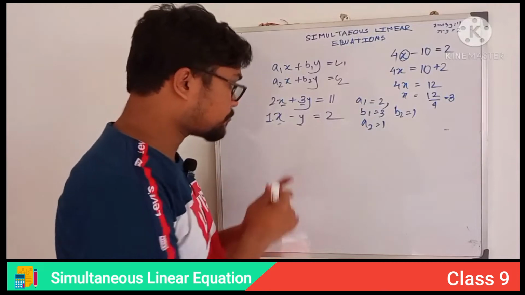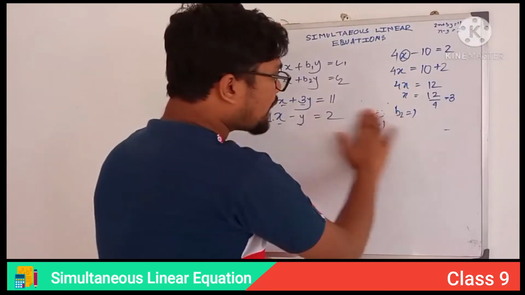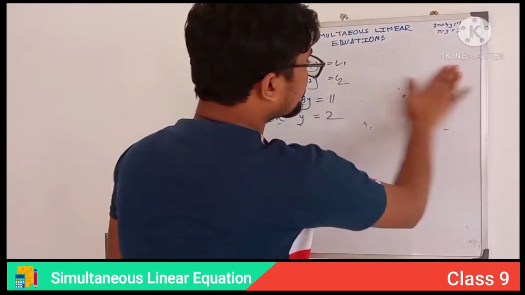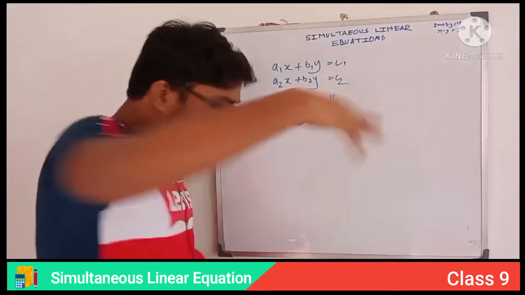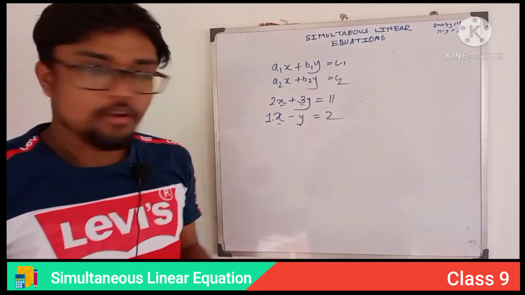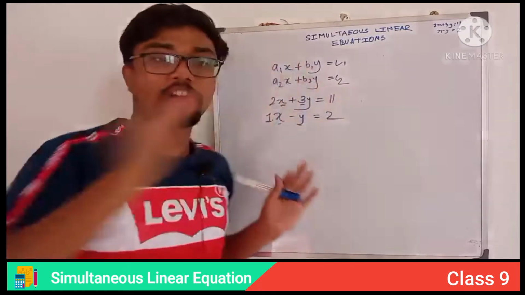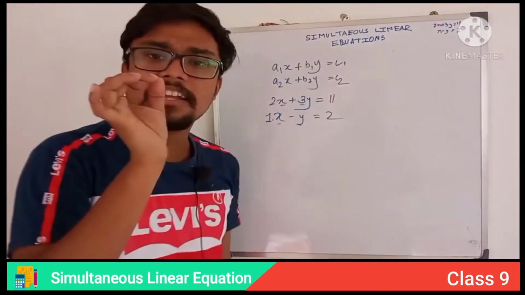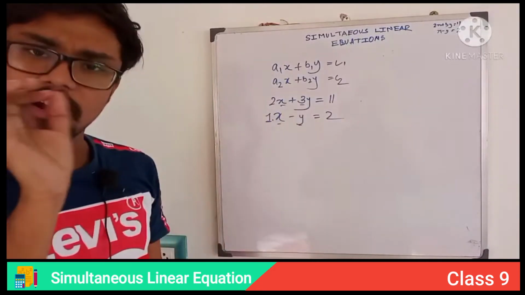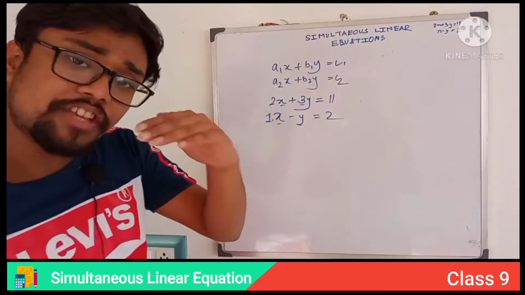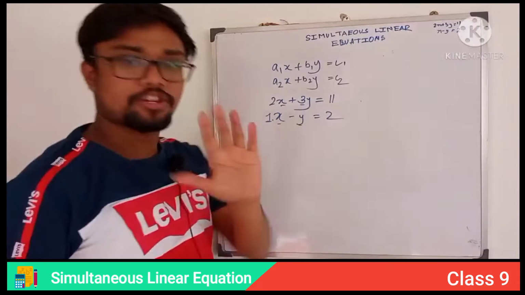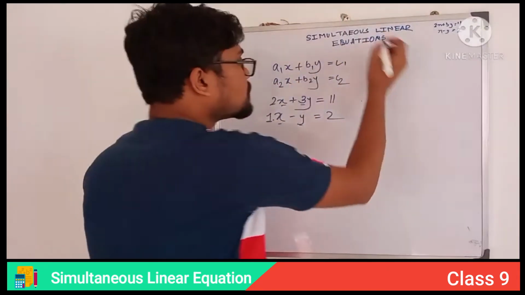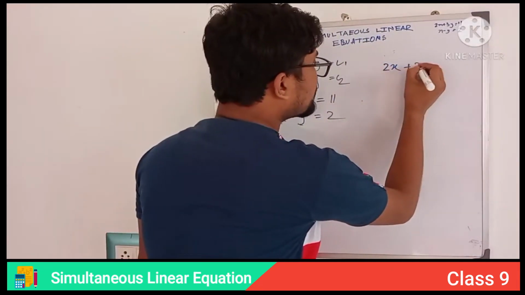Now the first process is the substitution method. Substitution means we determine the value of one variable from one equation, then put this value into the other equation. Let us see. Suppose 2x plus 3y equal to 11.